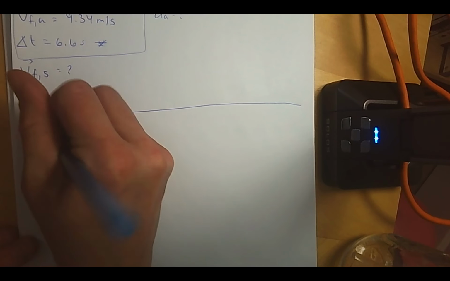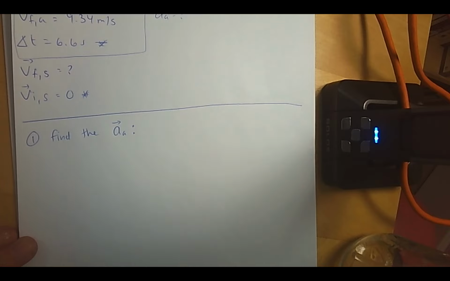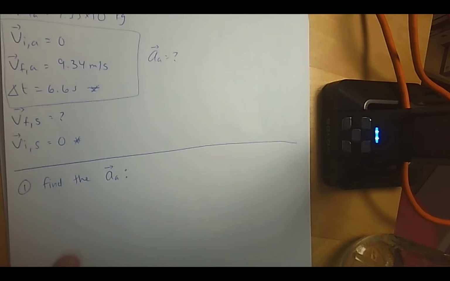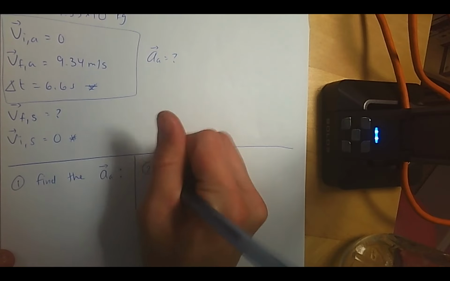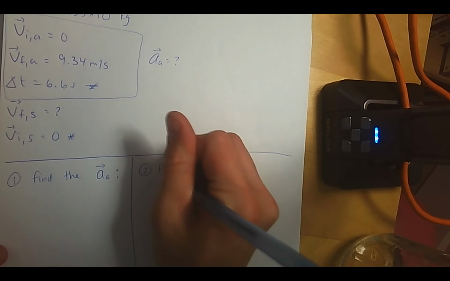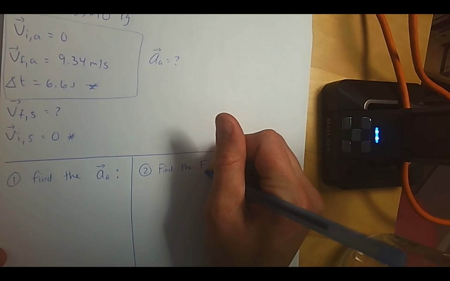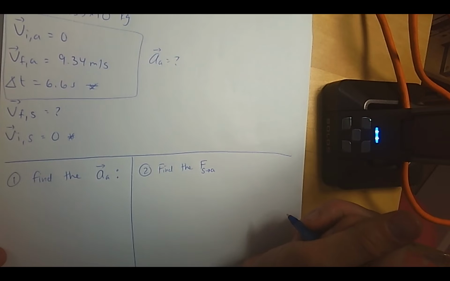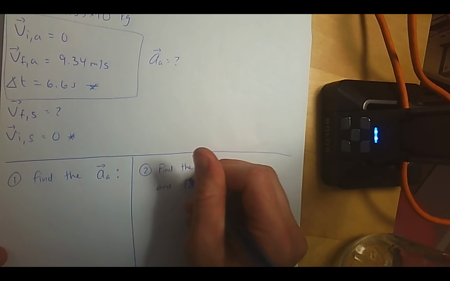So 1, find the acceleration of the asteroid. And you would do that by using these kinematics quantities for the asteroid. 2, find the force from Superman onto the asteroid and from the asteroid onto Superman.